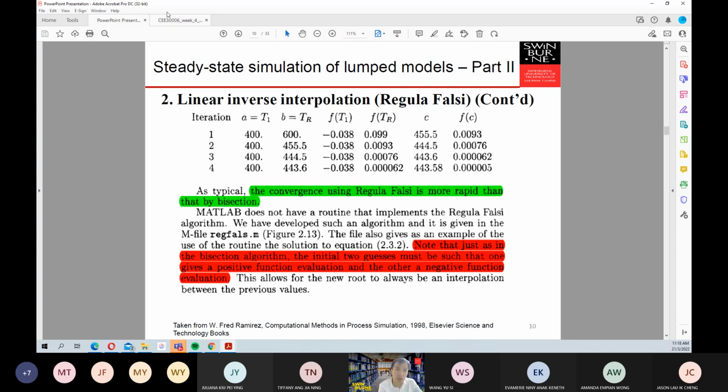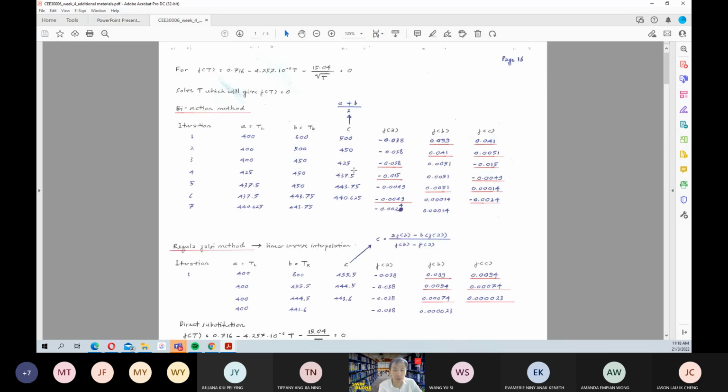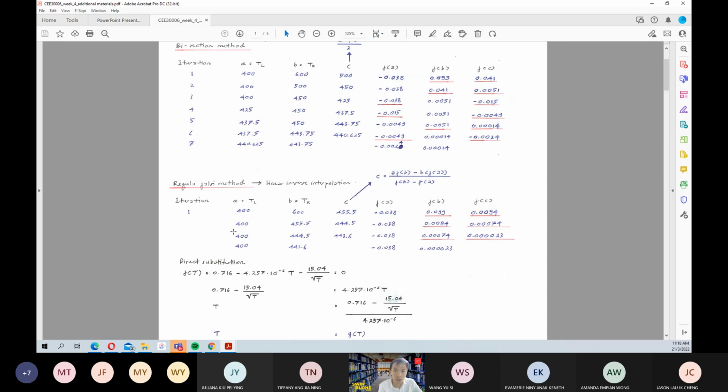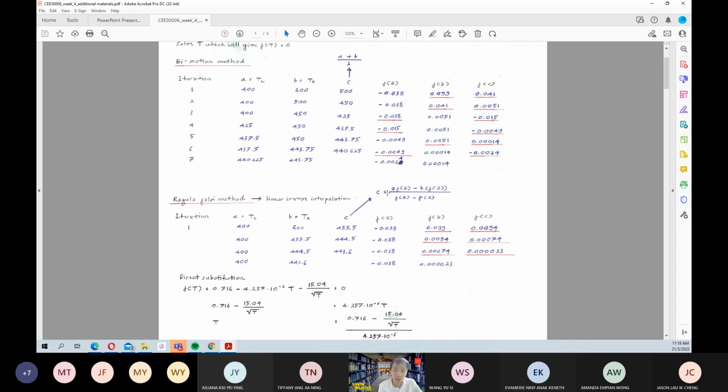So what happened in here is, like I told you again, it will be easier if you redo the calculations by yourself. You first find the value that will give negative, and the other value is positive. Then instead of halving the interval, you use this particular formula to calculate the value of C. But all the logic is the same.